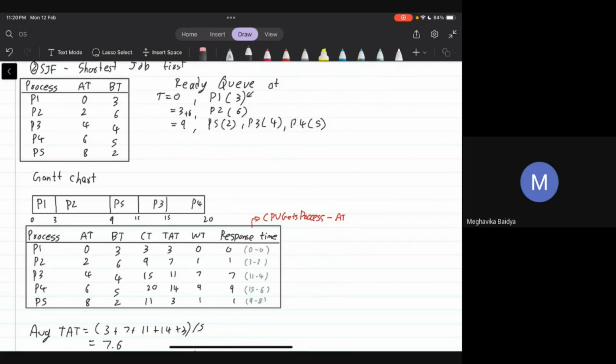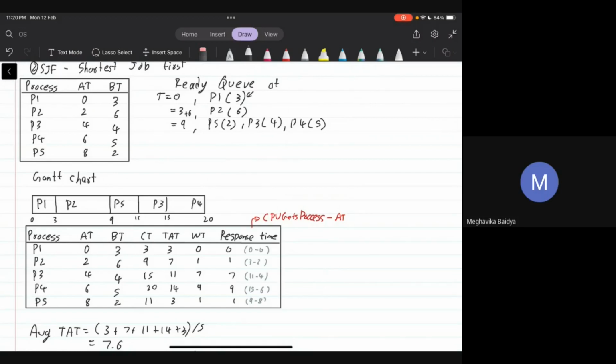Acha, so first P1, you have taken it as t equals 0 arrival time. Then P1 ends in 3 seconds because the burst time is 3. Now P2 starts, which has an arrival time at t equals 2, and it stops at t equals 9 because its burst time is 6 seconds.